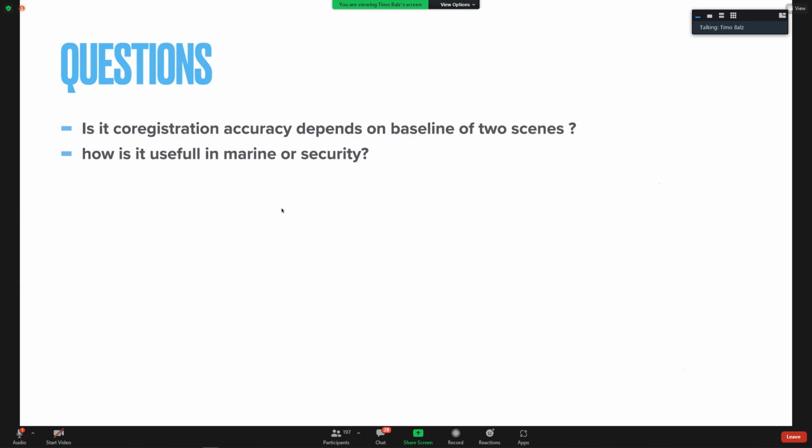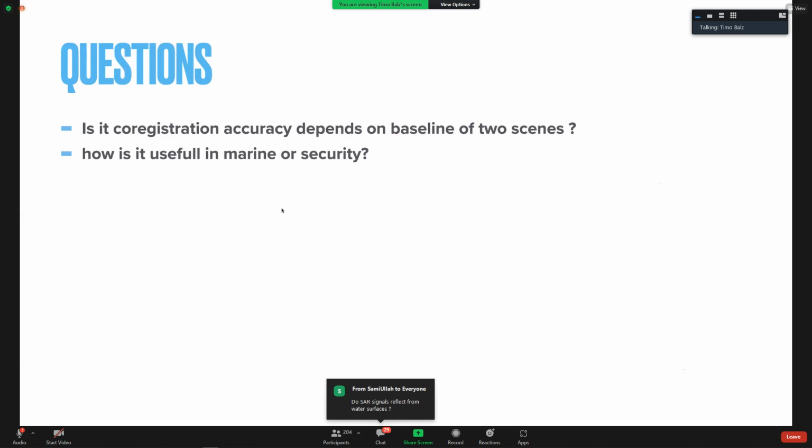If you have a very flat scene, it doesn't really matter; they could have a rather large baseline. But if you have mountains in it, then the difference of the pixel position with respect to the topography, the topographic difference, can get rather large. They can go over pixels. So if you have a very mountainous scene, you may need to include the DEM in your co-registration.